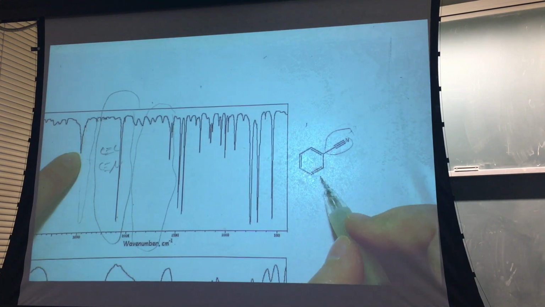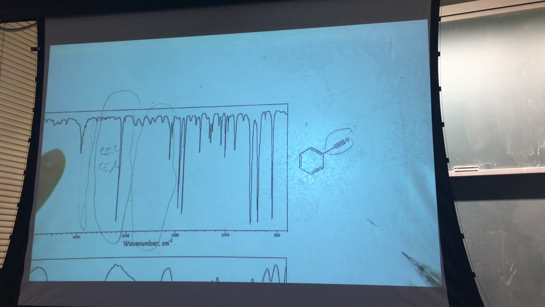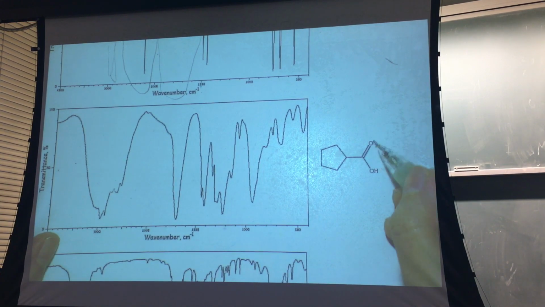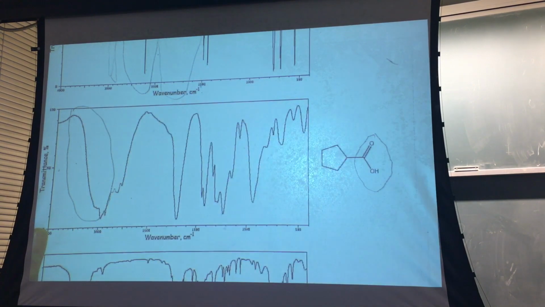So you can see nothing in this region. Usually you will see it if it's CH3. Make sense?